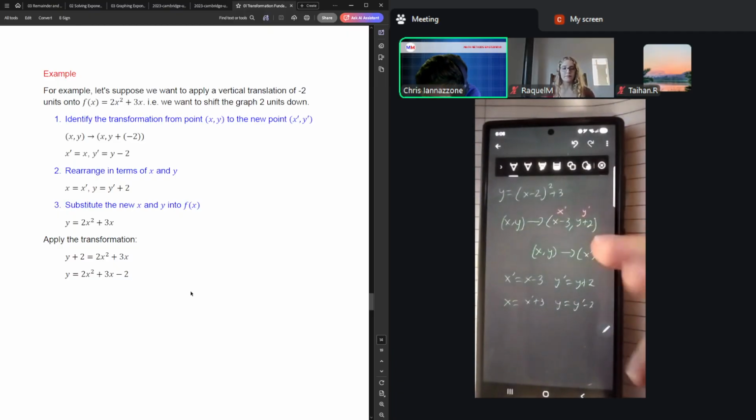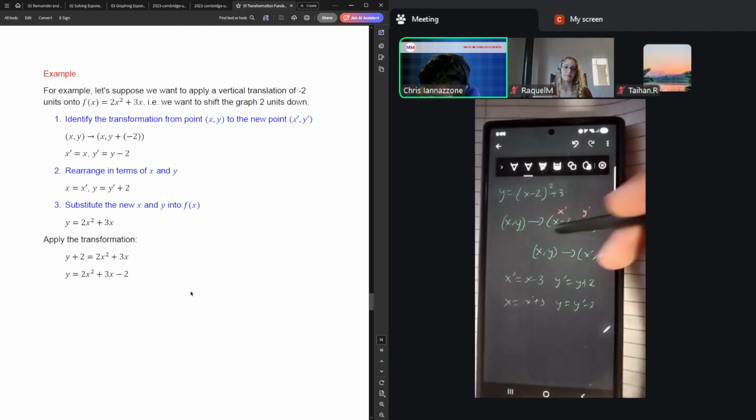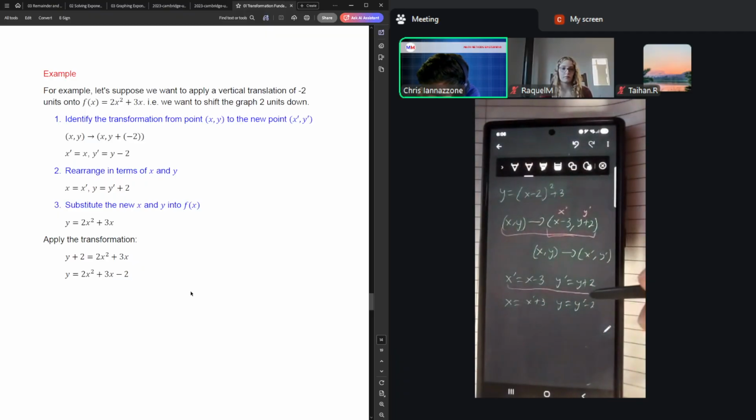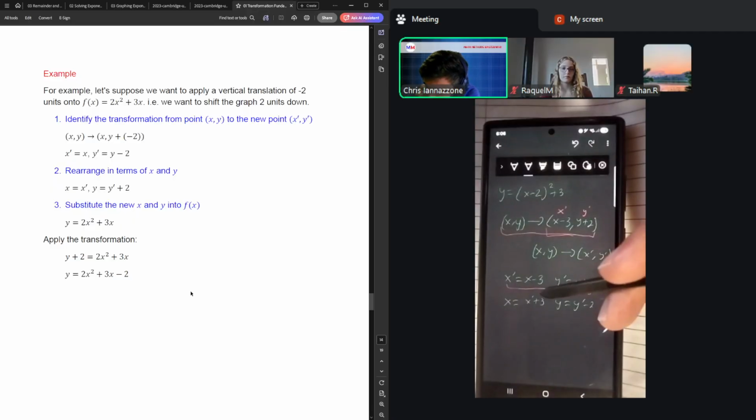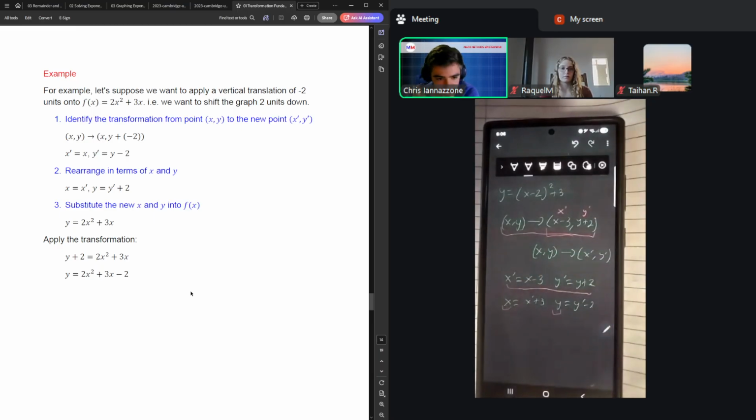Now you can go through and replace every x with the x plus 3, every y with the y minus 2. So in order, step 1 was literally just reading this and then putting it into equation form, knowing that this thing's your x dash, this thing's your y dash. Step 2 was get the x and the y on their own. That's basic algebra. Everyone can do that.